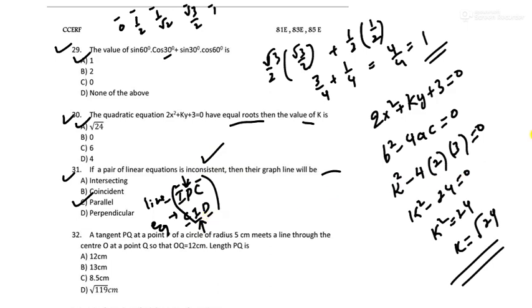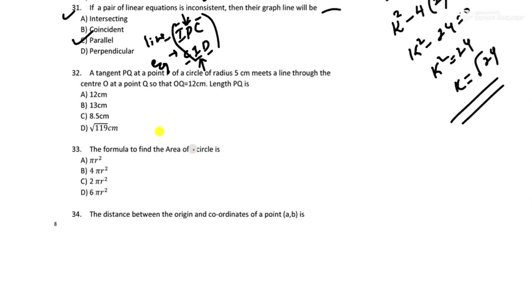Okay. Moving to the next question. Question number 32. A tangent PQ at a point P of a circle of radius 5 centimeter meets a line through the center O at a point Q, so that OQ is 12. Length PQ is dash.